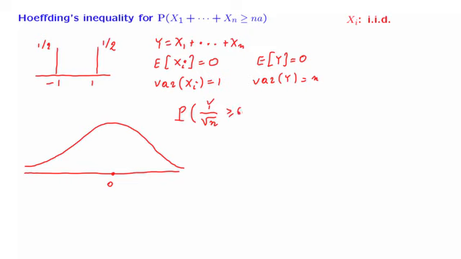And so the probability that this number is larger than or equal to some a is approximately 1 minus the cumulative of the standard normal. So phi here stands for the standard normal CDF.